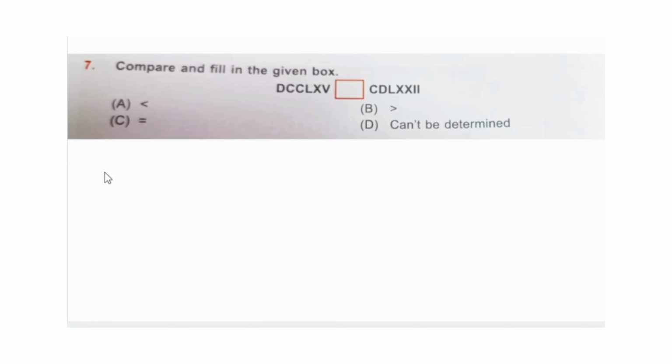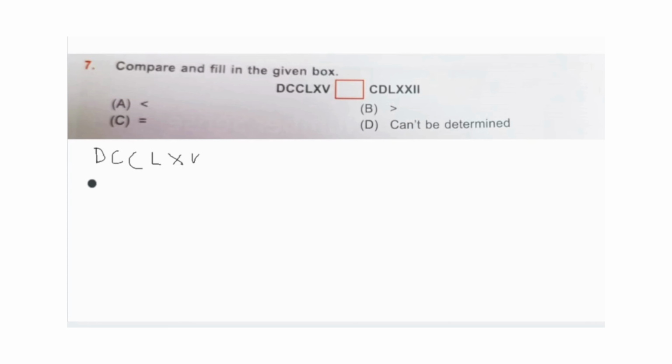The first Roman number that has been given is D C C L X V. What we can do is write the equivalent number of each Roman numeral and add them up to find the value of this Roman number.